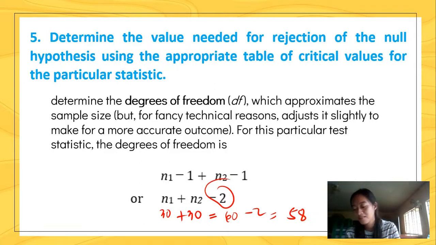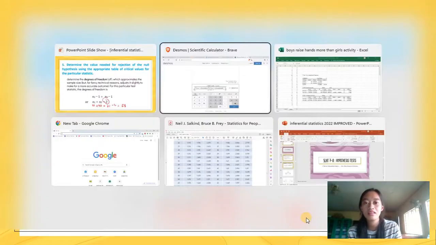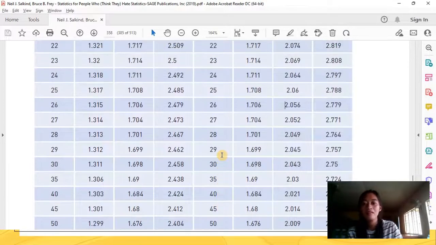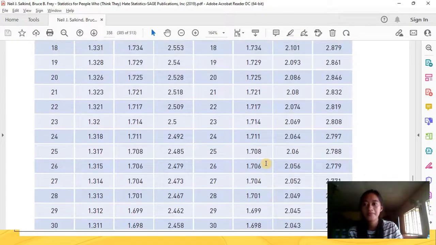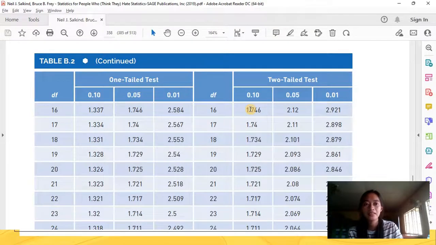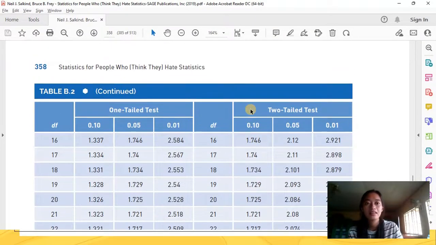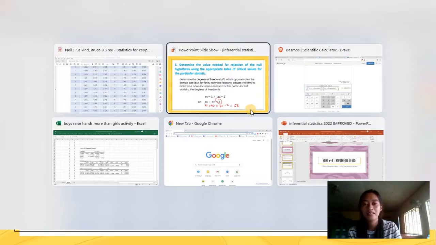Sige. Adto na ta sa atong statistical table. So I printed you this one. How are we going to use this? This is the book, and then you have to check first.